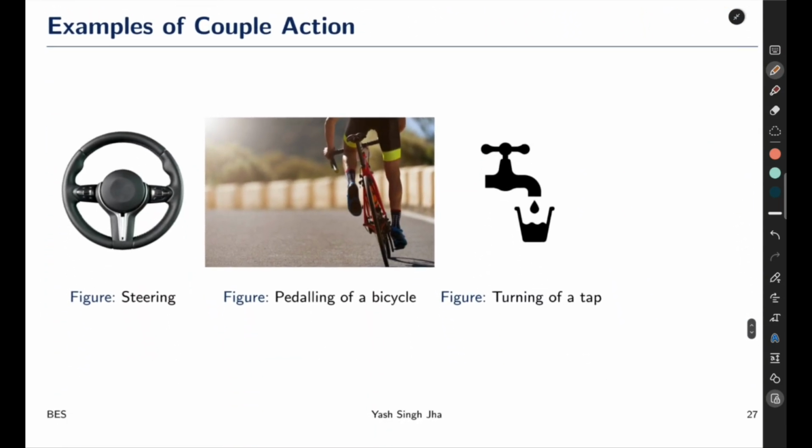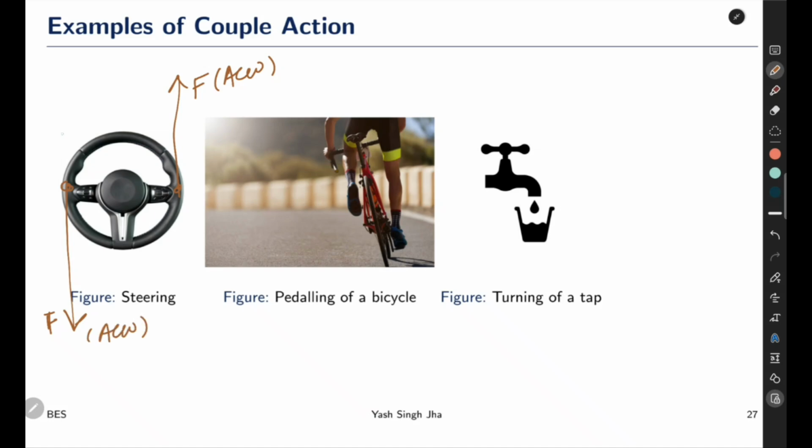An example is a steering wheel. A force F is applied upwards, rotating the steering wheel anti-clockwise, and then an equal and opposite force is applied on the left side, diametrically opposite, downwards, producing an anti-clockwise turning effect.